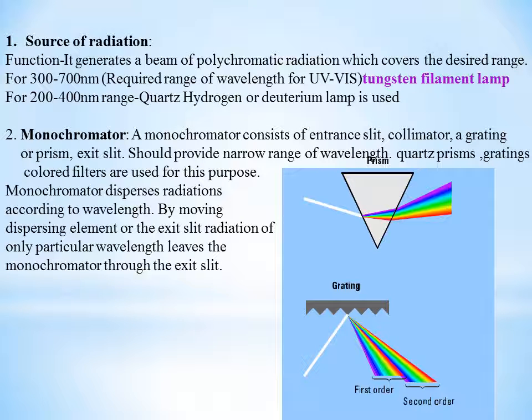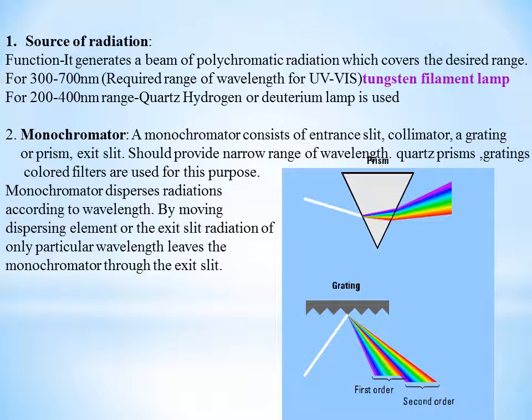This is the first component, the source of radiation. What is the function of this source of radiation? It generates a beam of polychromatic radiation which covers the desired range. For example, if the desired range is from 300 to 700 nanometer, which is required for UV and visible, we can use a tungsten filament lamp.